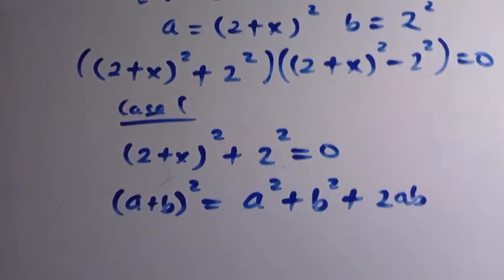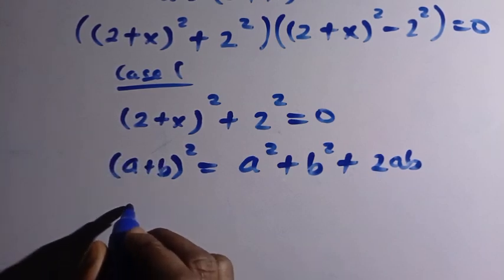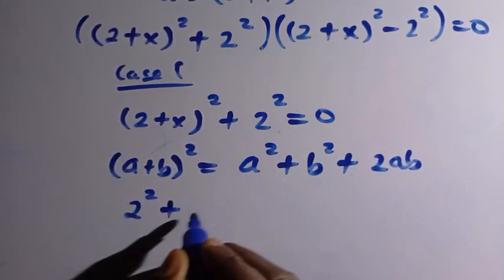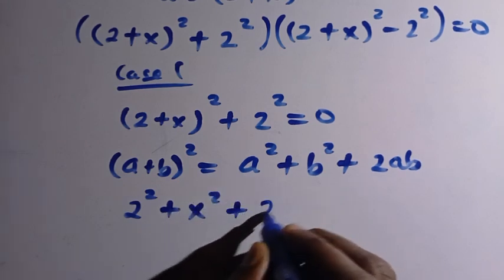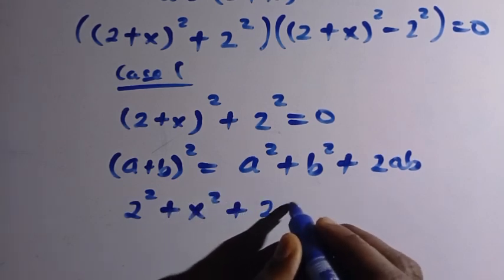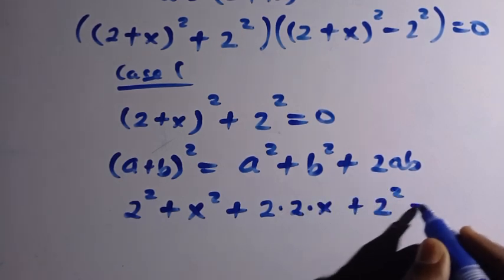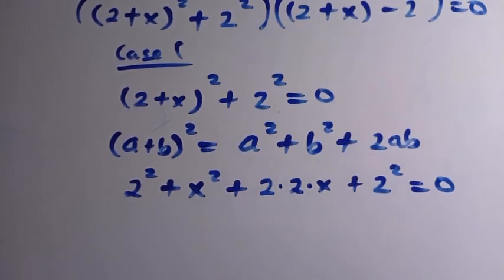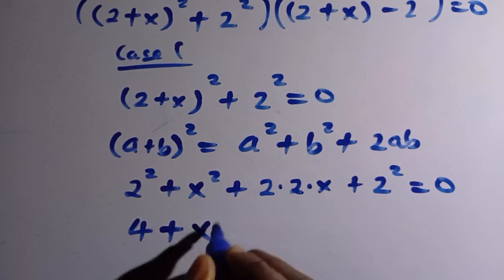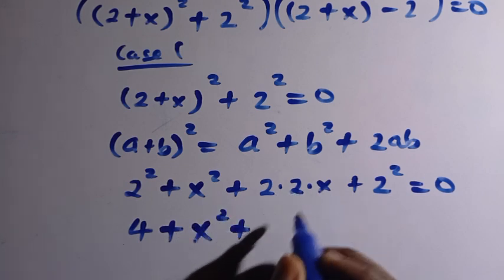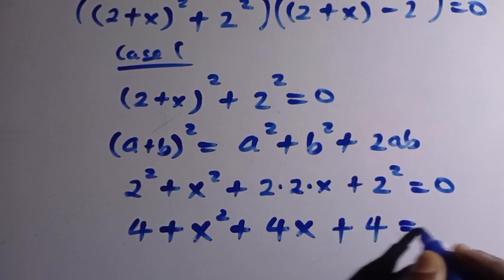Then I expand it using this expression. So we have 2 squared plus x squared plus 2 multiplied by 2 multiplied by x, plus 2 squared equals 0. Then we have 2 squared, that is 4, plus x squared plus 2 times 2 times x, which is 4x, plus 2 squared, that is 4, equals 0.